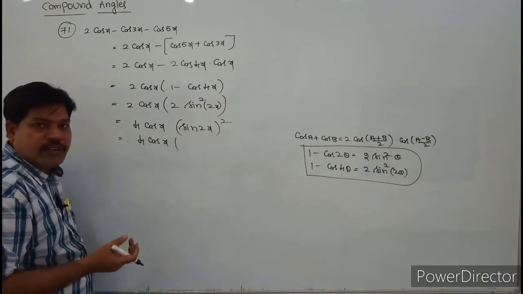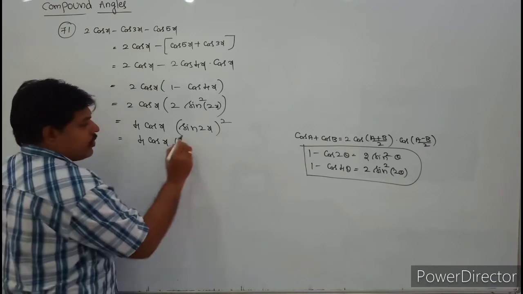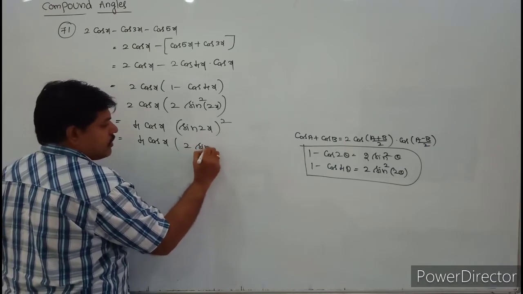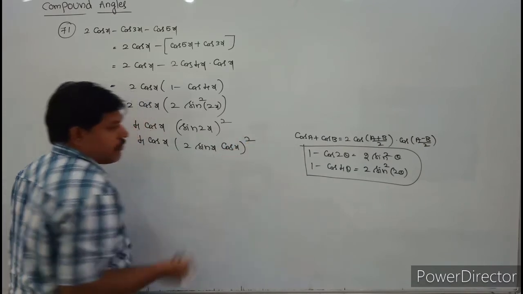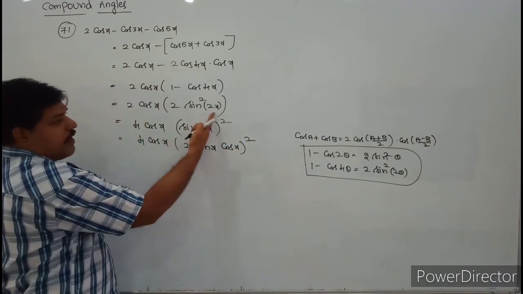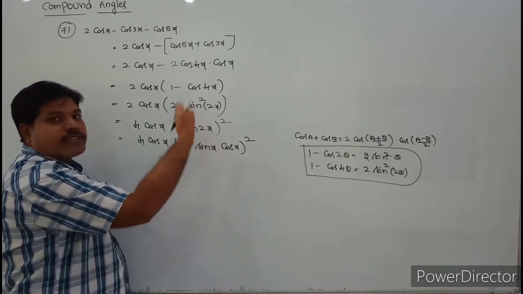What is the sin 2x value? Sin 2x value is nothing but 2 sin x cos x, whole square. Sin square 2x means sin 2x whole square.